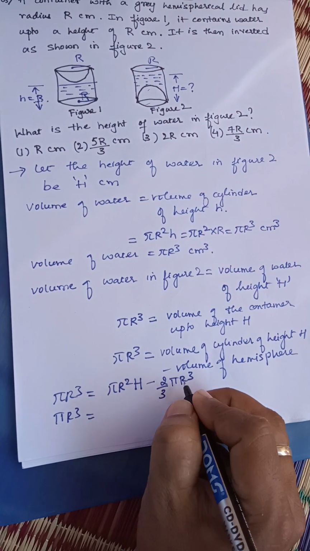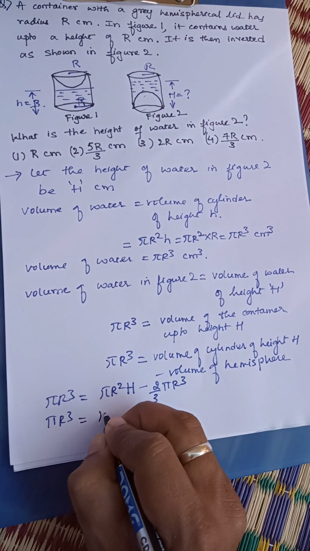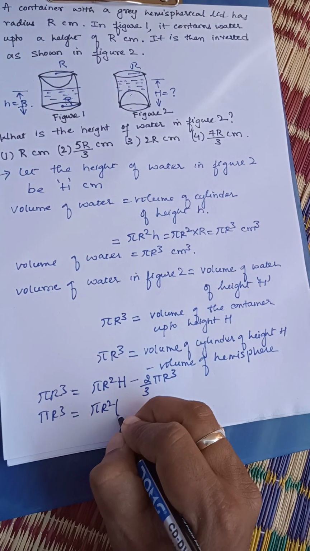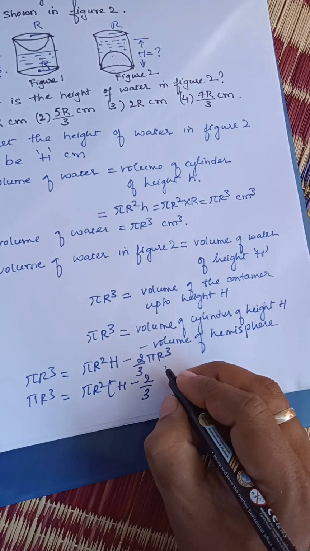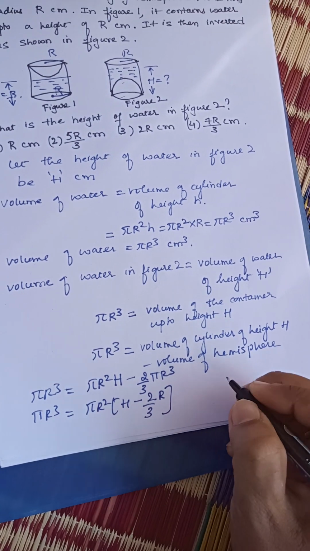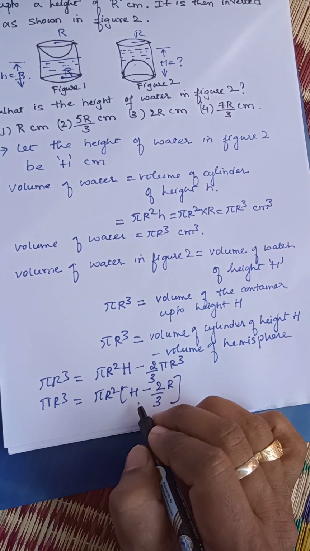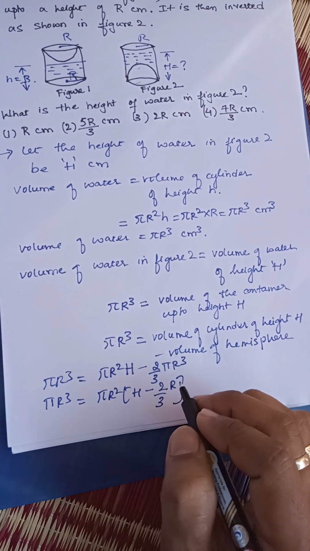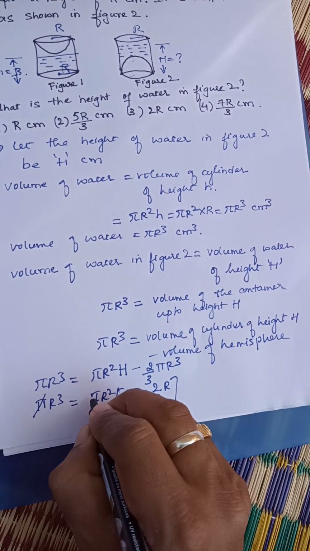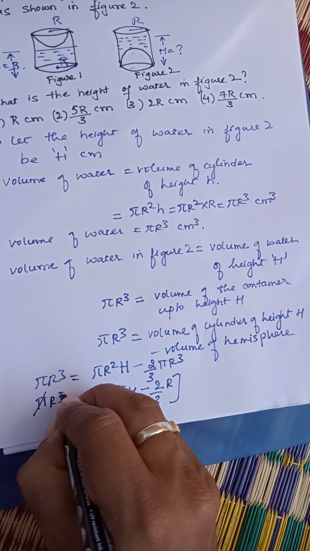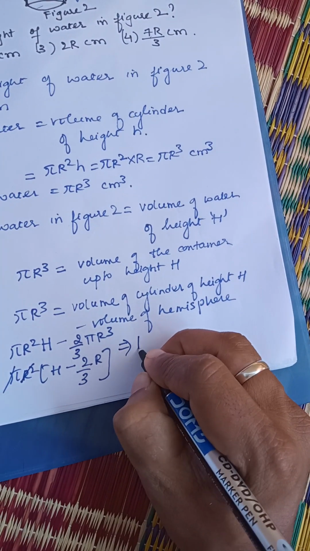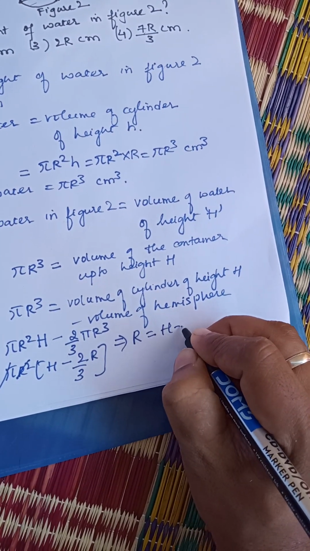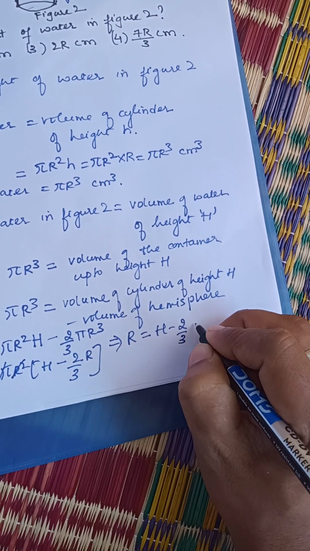From these two terms in the RHS, I can take pi r square common, h minus 2 by 3 r. As I have taken pi r square common, h minus 2 by 3 r will be left here. Now I can cancel pi and pi, I can cancel r square and cube. So I will be left with r is equal to h minus 2 by 3 r.